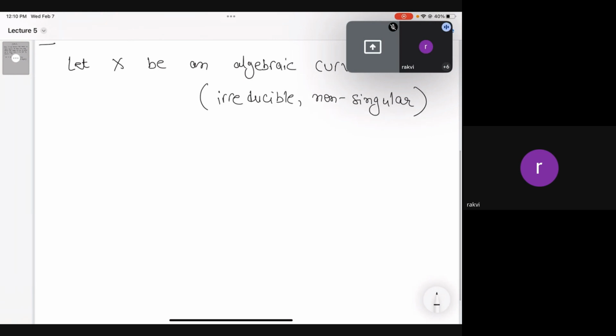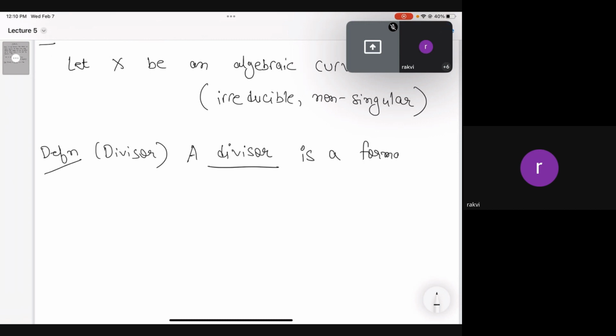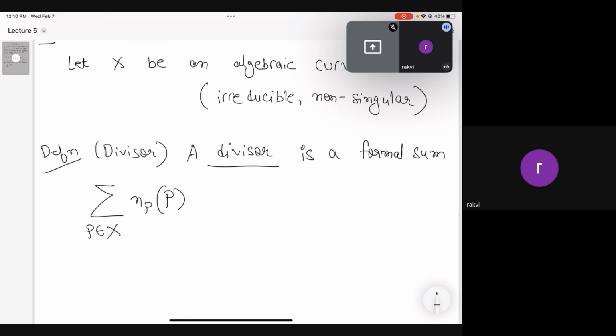So we have this, and what we need for the Riemann-Roch theorem is the concept of divisors. A divisor is a formal sum that looks like this: we have points and coefficients attached to them, and these points vary over X. But not just any sum, I want this sum to be finite.